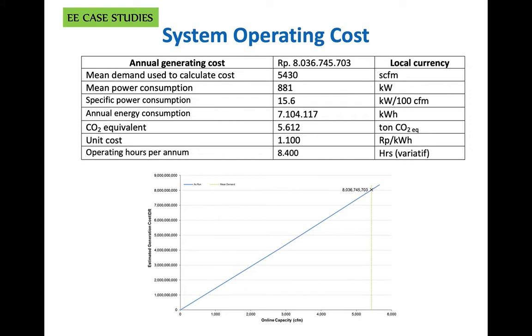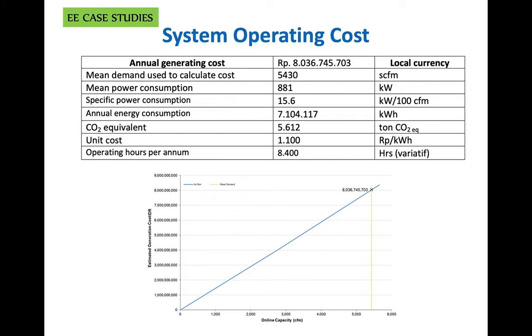In general, this number is quite efficient, as you know that the turbo compressor, or centrifugal compressor, as many people say, has a specific power consumption better than other types, especially screw type.